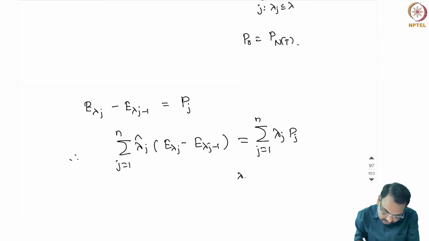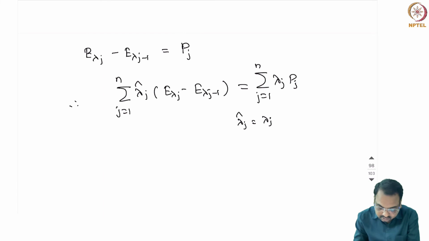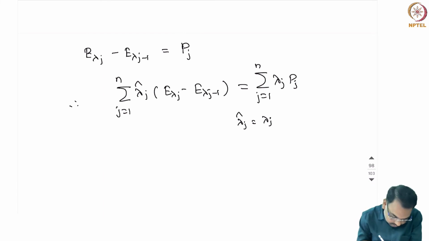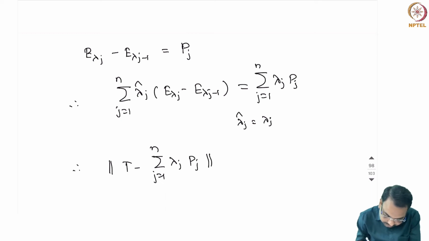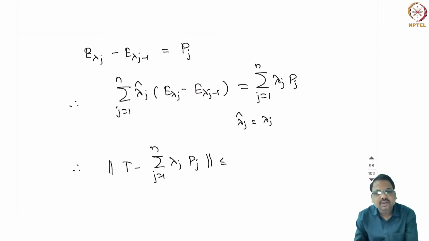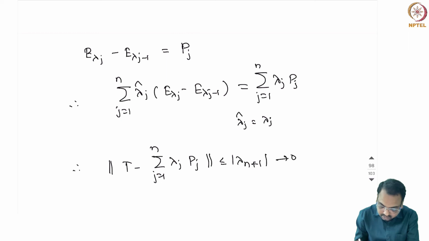Here we can take the lambda j hats to be exactly the eigenvalues of T. Now we know that this goes to 0, so if you look at T minus the summation j equal to 1 to n of lambda j pj, since T equals the summation of lambda n pn, n equal to 1 to infinity, we can show that this is bounded by the modulus of lambda n plus 1, which goes to 0 as n tends to infinity.